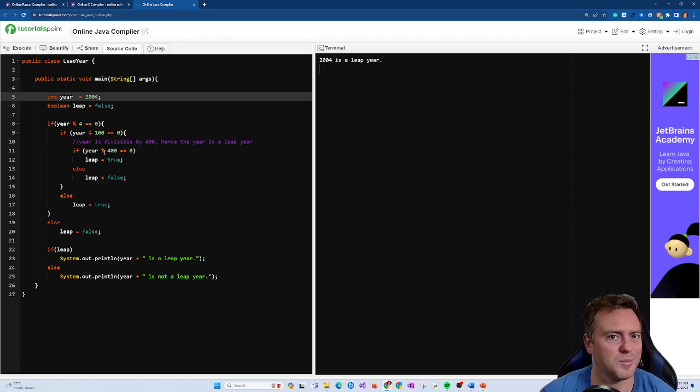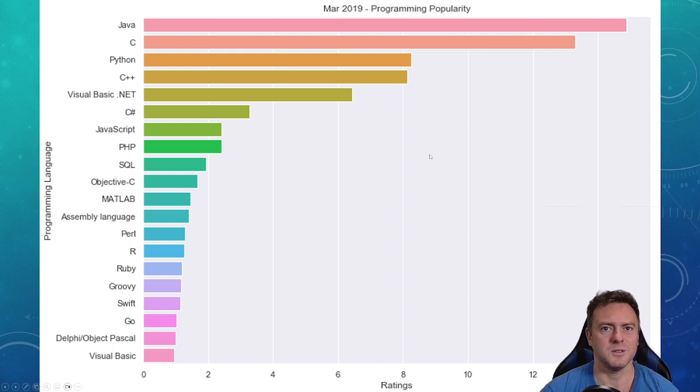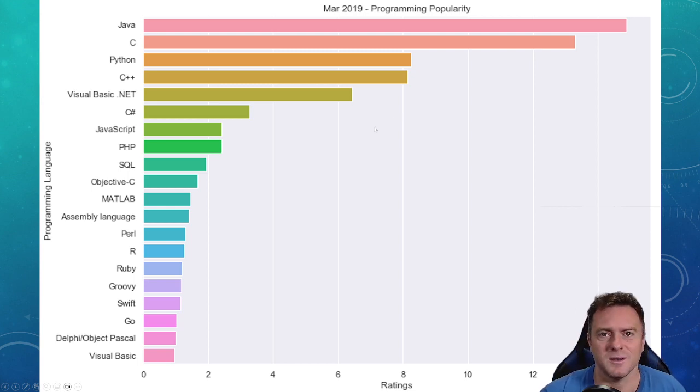So Java, still used today, one of the more popular languages, and it's awesome. Very, very powerful, very secure, and can be used on a lot of different devices. So still quite popular today. That's back in 2019. I think Python's a little bit more popular now because of all the machine learning stuff that's out there.